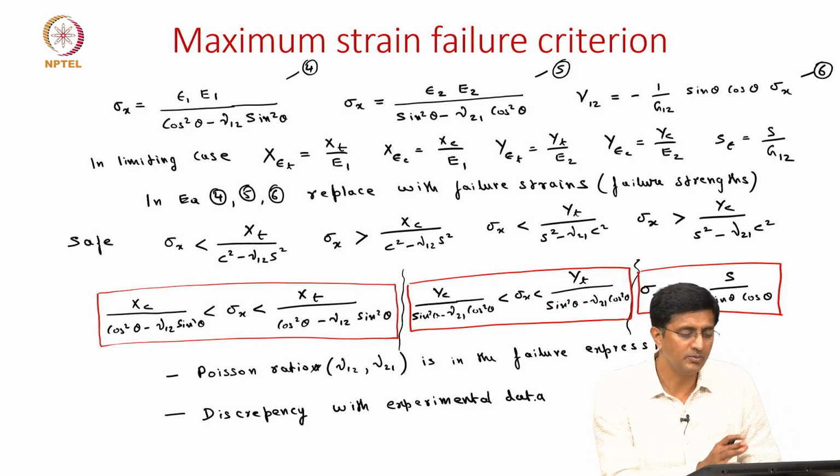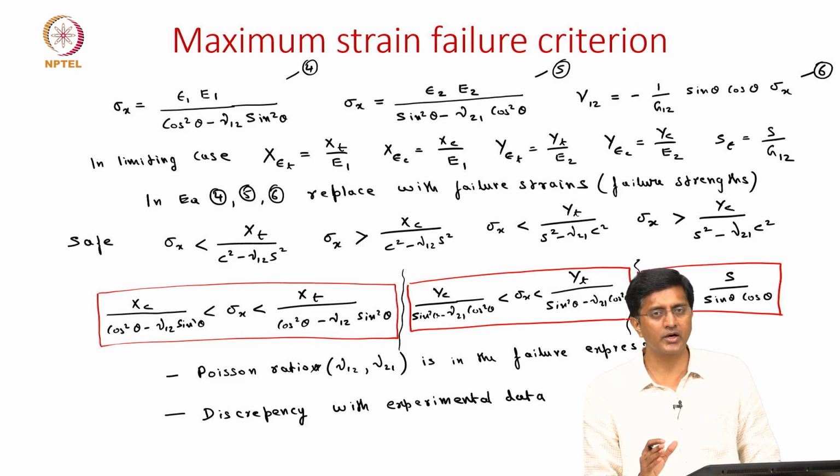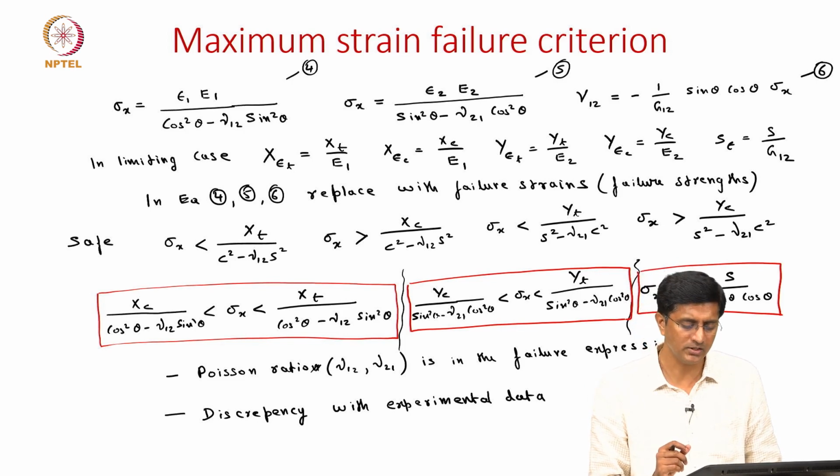Meaning that similar to the maximum stress failure criterion, even with this maximum strain failure criteria, we still haven't reached a failure criteria which is good and which can be applied to most of the composites. That is a strong motivation why we have to discuss the other two failure criteria, which we'll be discussing in the next video.